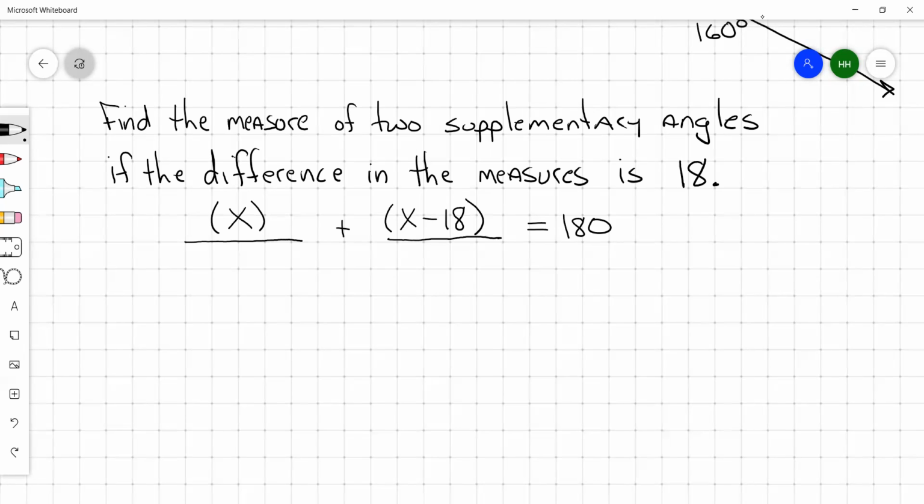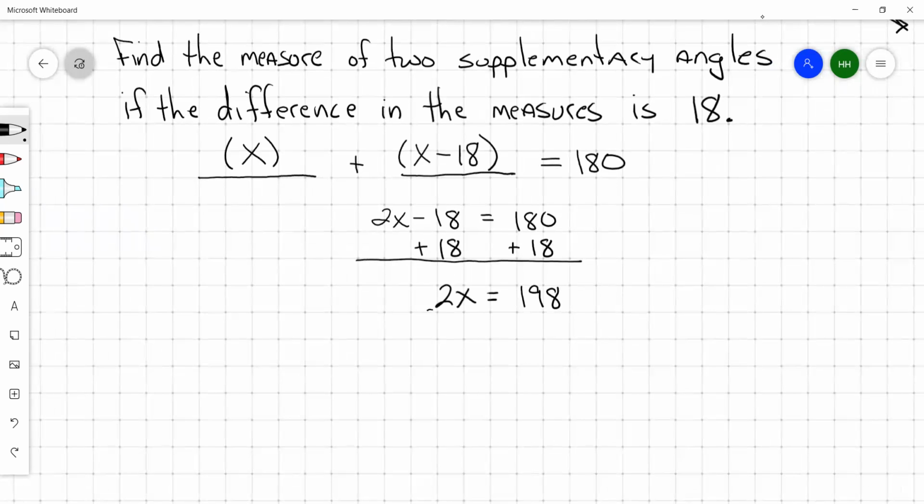If you combine your like terms here, you get 2X minus 18 is equal to 180. If you add 18 to each side, then 2x is equal to 198.